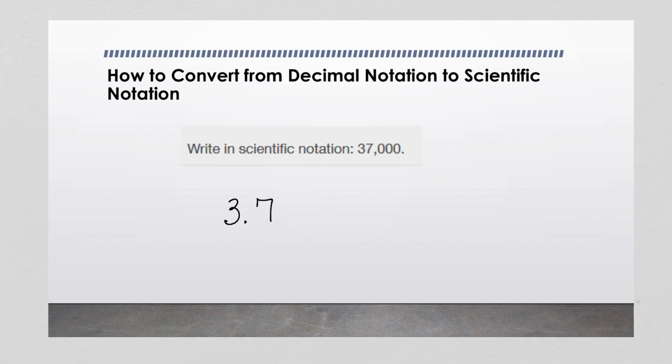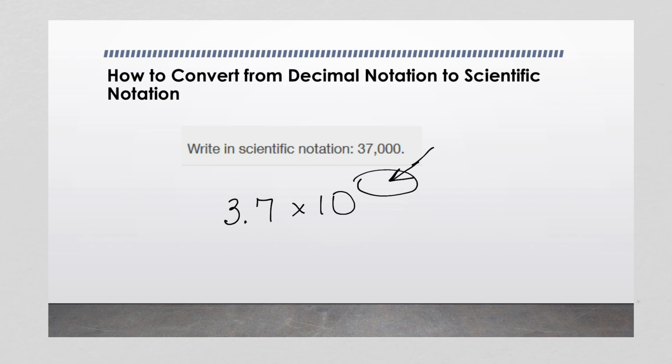Okay, now ask yourself, does this number right here need to get bigger to turn into that? Or does it need to get smaller to turn into this number? And the answer is it needs to get bigger, right? If you say the word bigger, then that means that your exponent, this thing that goes right up here, needs to be a positive number.